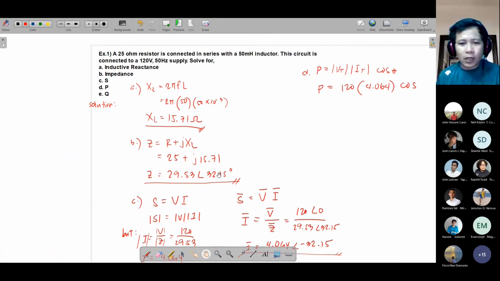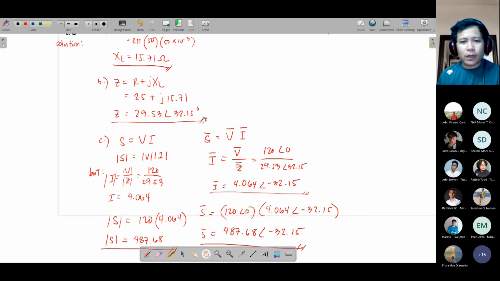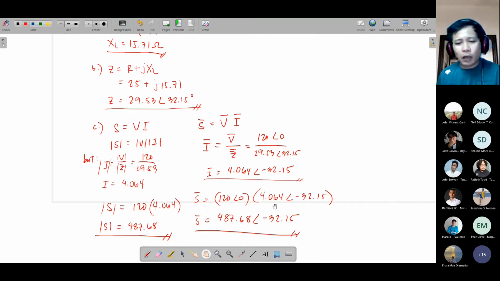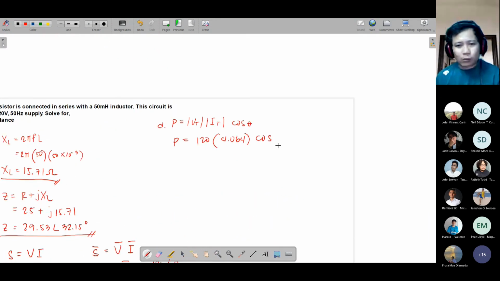Now, this angle: sir, the angles are different, positive 32 here in the impedance, negative here in the apparent power. Which one do we use, sir, the positive or the negative? Now, you don't have to worry about which to use, just get the absolute value. Always the absolute value, or the positive value. So this will be cosine of 32.15.